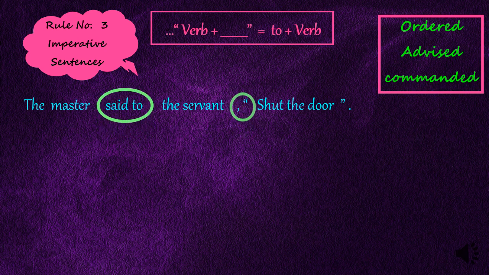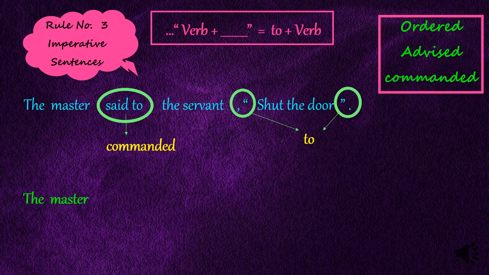Said to has to be changed, comma, open quotes and close quotes has to be changed. So the answer will be said to is changed to commanded, comma, open quotes, close quotes, you remove and substitute with the conjunction to. So answer could be the master commanded the servant to shut the door.